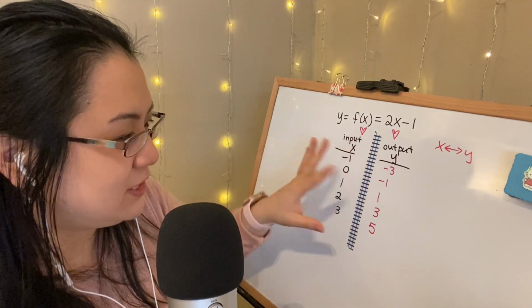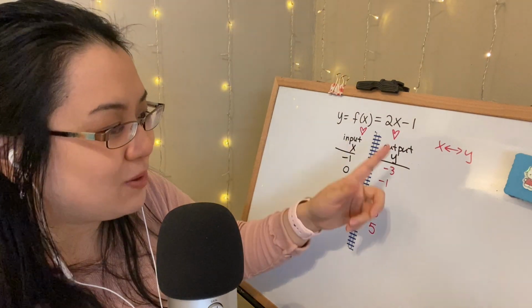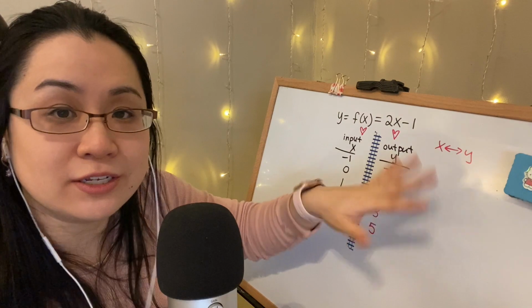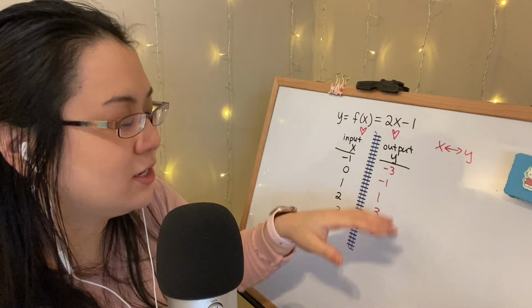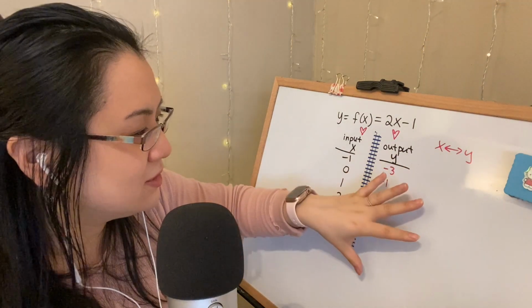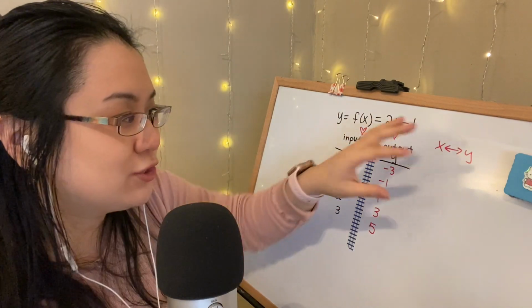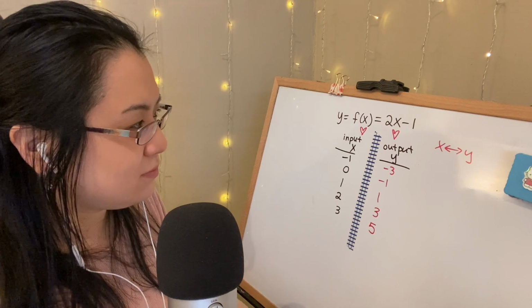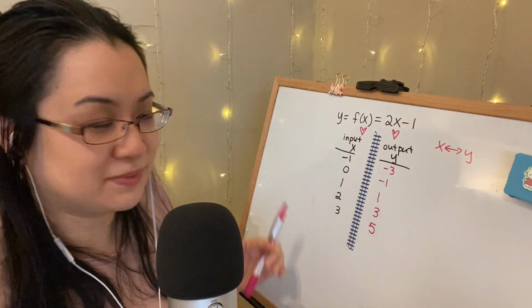Intuitively, my y's are now going to be my inputs for this inverse function that we're going to find. So my y's become x's and my x's become y's. So naturally, if I flip-flop these values, I will be closer to my inverse.